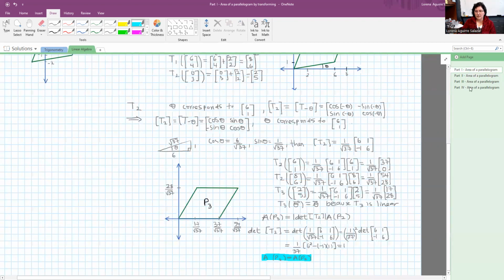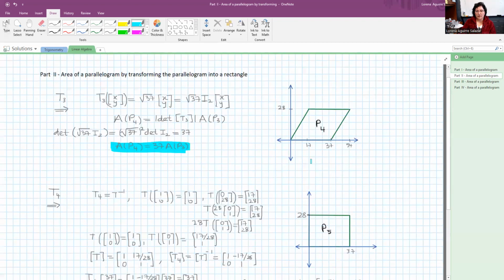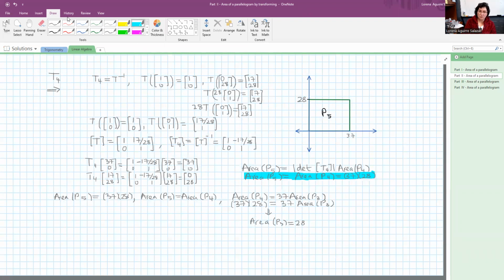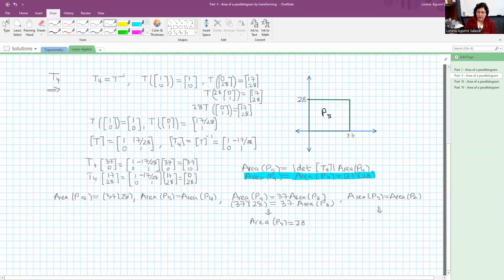So the area of P3 is the same as the area of P2, then the area of P2 is 28.